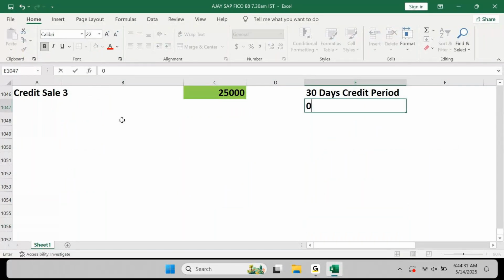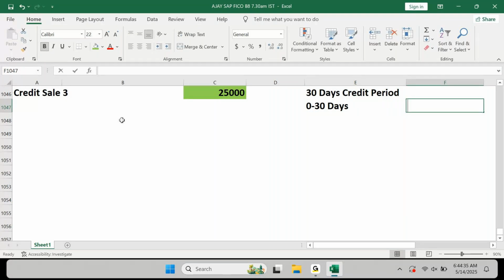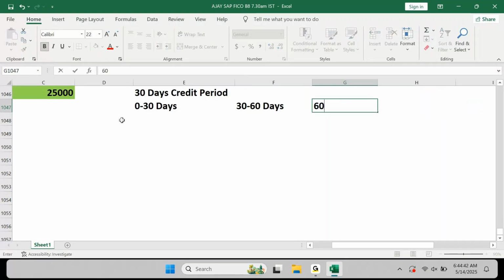Let's say 0 to 30 days, 30 to 60 days. Anybody saw an aging like this? Yes, sir. 60 to 90 days and so on.